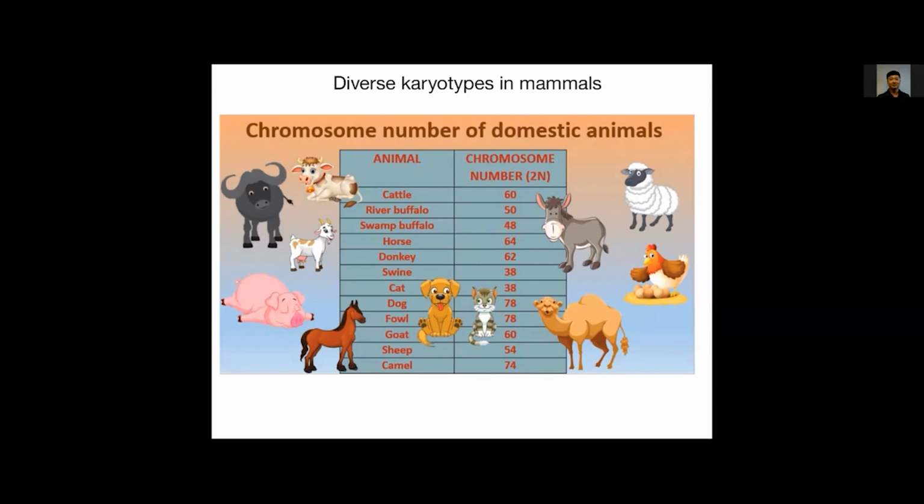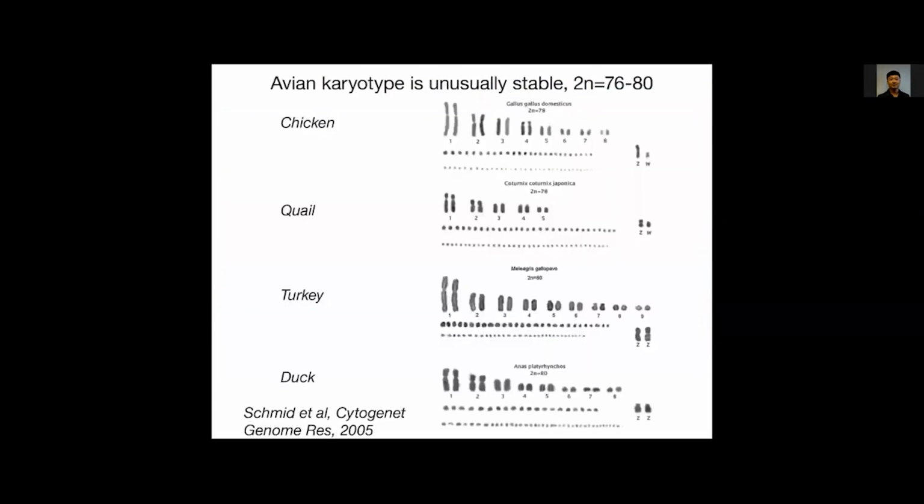However, in birds, in avians, the karyotype is unusually stable. The majority of bird species have around 80 chromosomes, and their karyotypes are almost identical, with some large chromosomes and a bunch of microchromosomes.